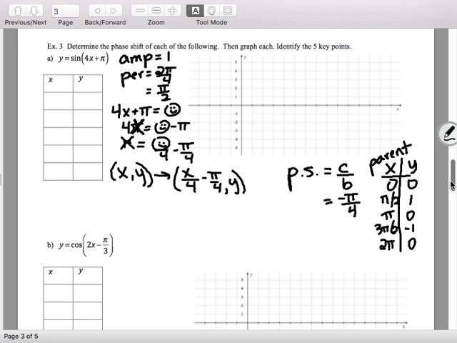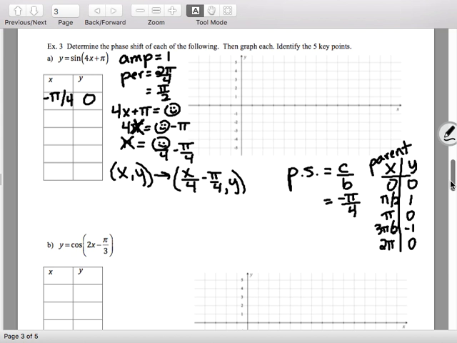So if I go back to the parent function, y equals sine x, and then I do my mapping notation on it. This is just going to be a lot of fraction work, so I'm trying to go slowly here for you. If I plug in 0, I get 0 minus pi over 4, so that's minus pi over 4.